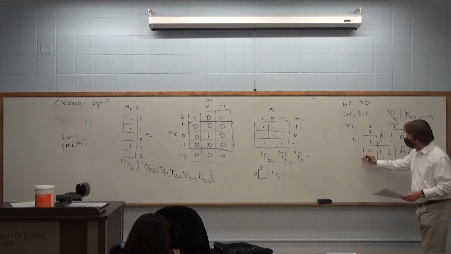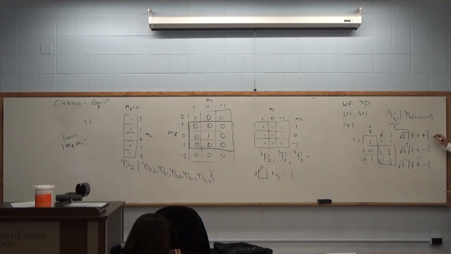This guy you're cool with. That's right here. There's only one of them. But 1, 0, how many of them were there? There are 2 of them. Which one is it? Just pick one?